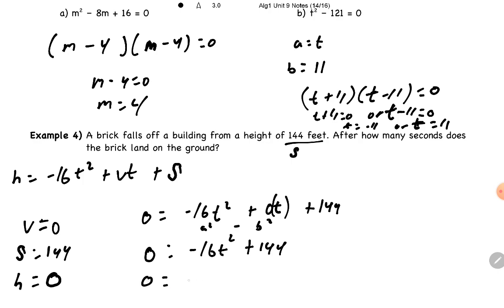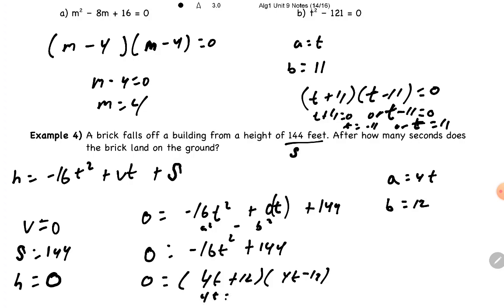So 0 equals, well, I forgot to figure out what a is. A is the square root of 16, so I have 4t. Square root of 144 is 12. So I'll get 4t plus 12, 4t minus 12. So either one of these is equal to 0. This will give me 4t equals negative 12, and this will give me 4t equals positive 12.